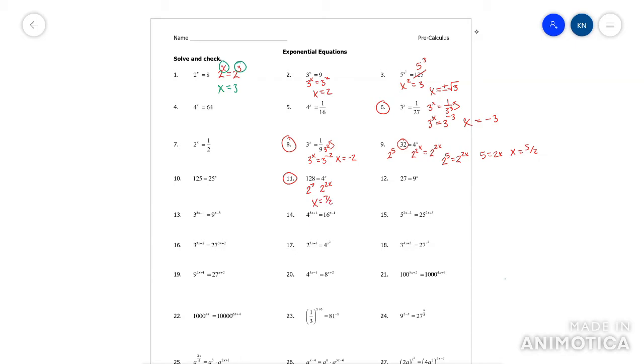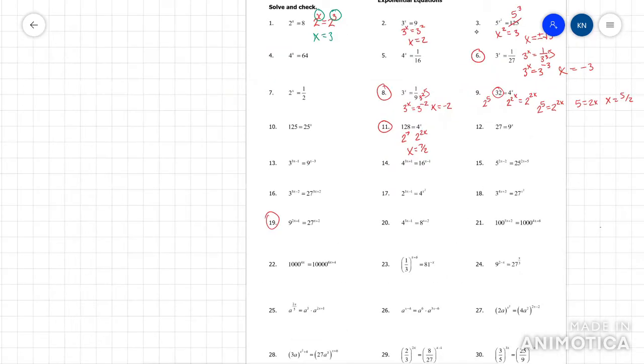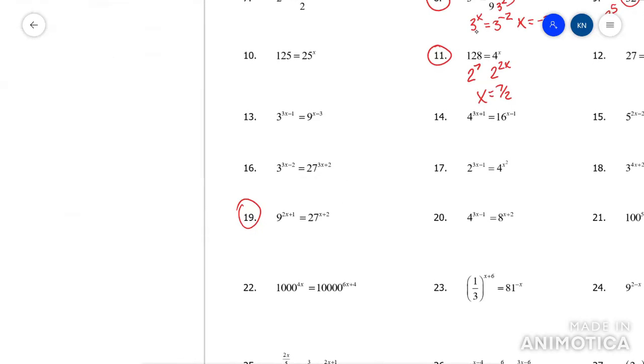They can try to make it a little more complicated like that by doing something like, look at 19. You would have to change 9 to be 3 squared. And then you got a power to a power rule. So you're going to be multiplying like this, 2x plus 1 times the 2. Well, you're going to have to distribute that. So this left side turns into 3 to the 4x plus 2.